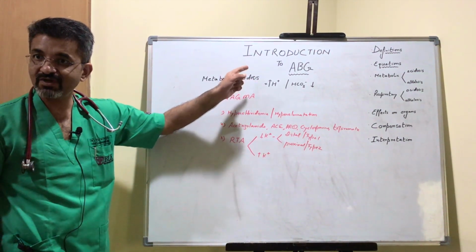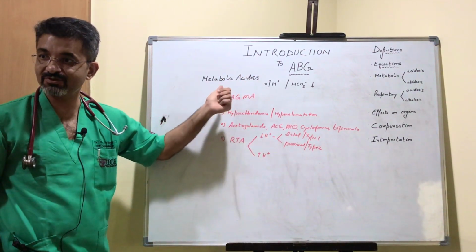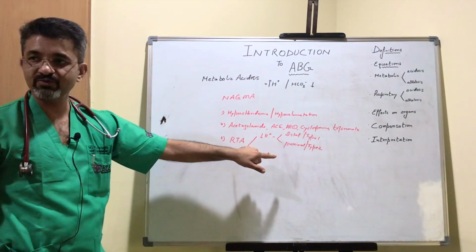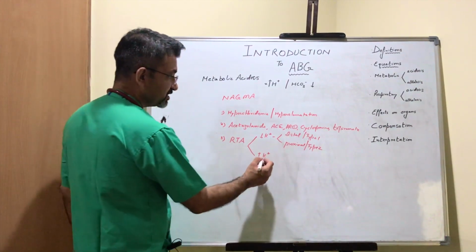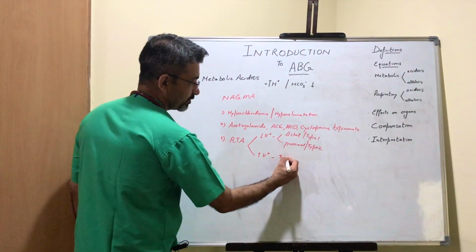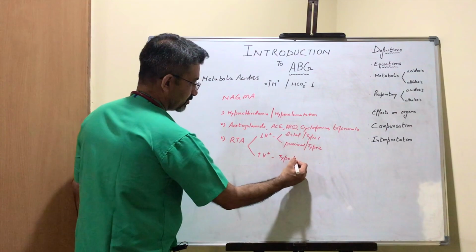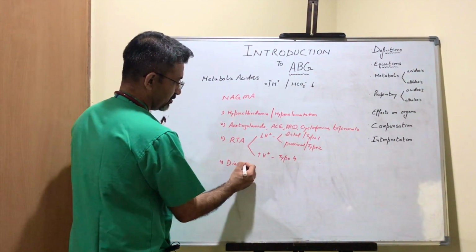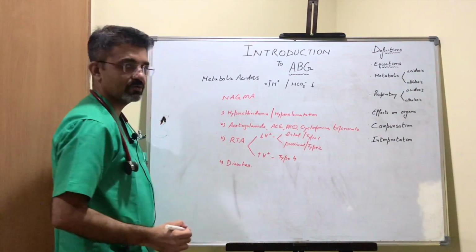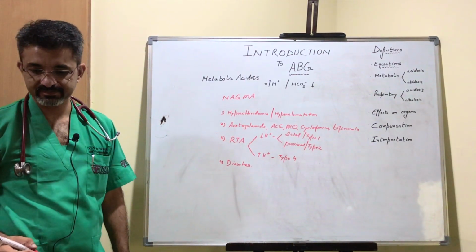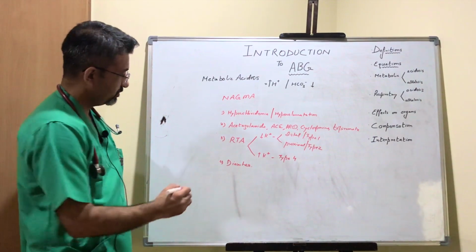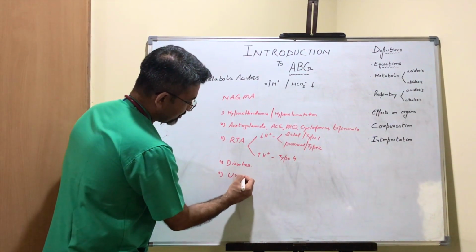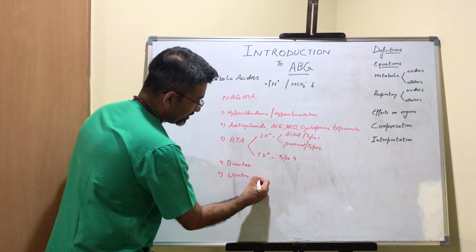In acidosis you tend to have hyperkalemia, but RTA type 1 and type 2 will have hypokalemia. Increased potassium RTA will be type 4. Fourth will be diarrhea. Fifth will be you have your ureter which is joined to your GI tract.